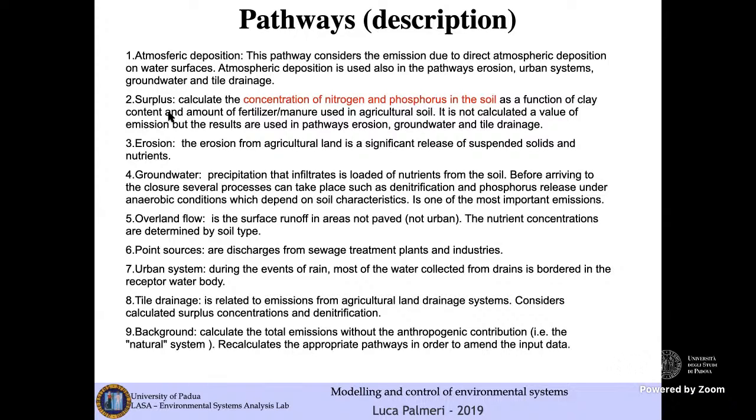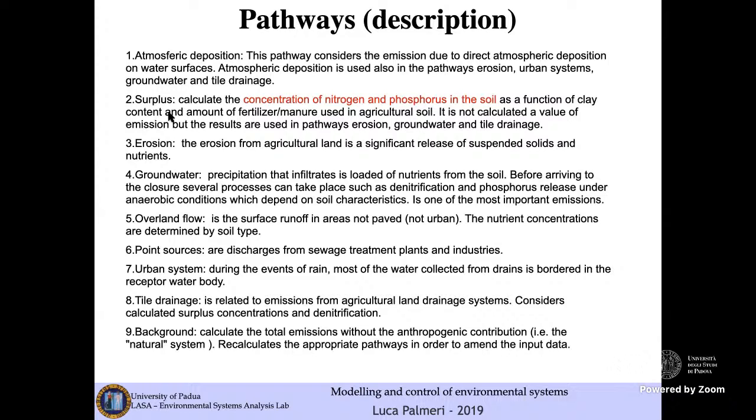The urban system pathway describes what happens during rain events, when most of the water collected from drains is delivered to the receptor water body quite quickly. The tile drainage is related to emissions from agricultural land drainage systems and considers calculated surplus concentration and denitrification, while the last pathway, background, calculates the total emission without the anthropogenic contribution.